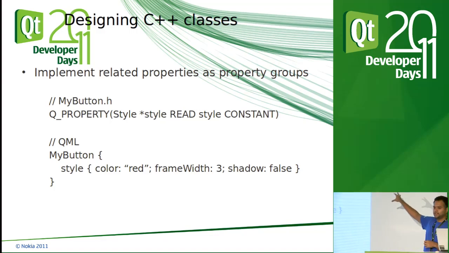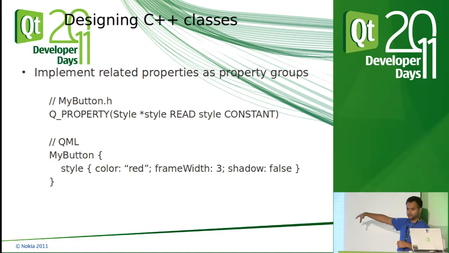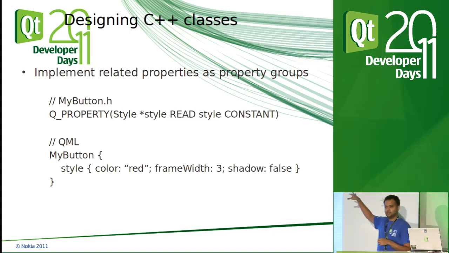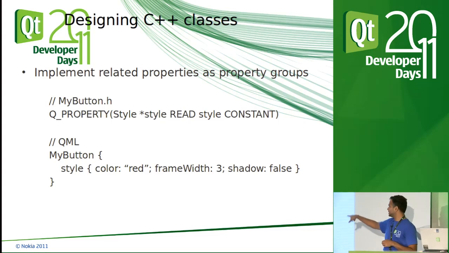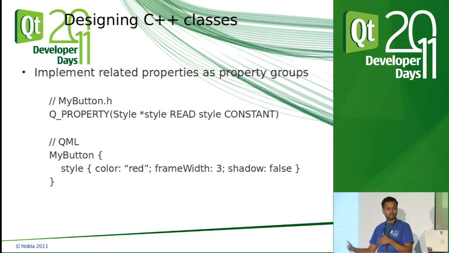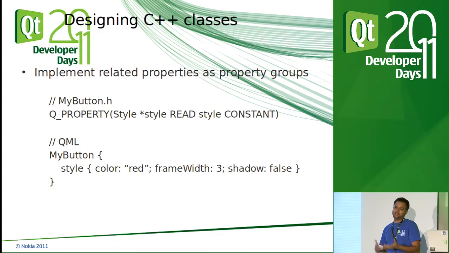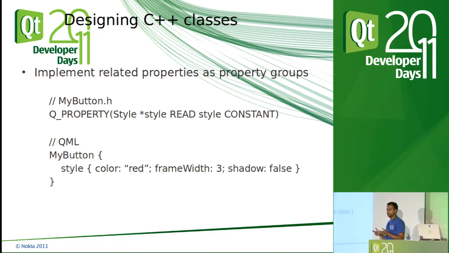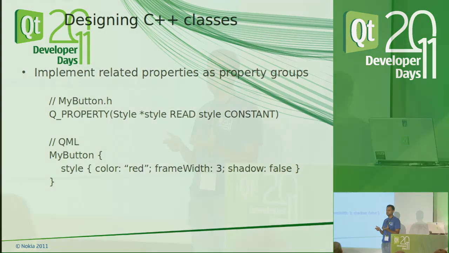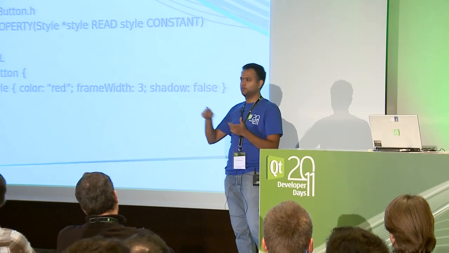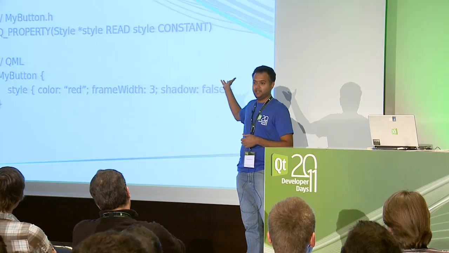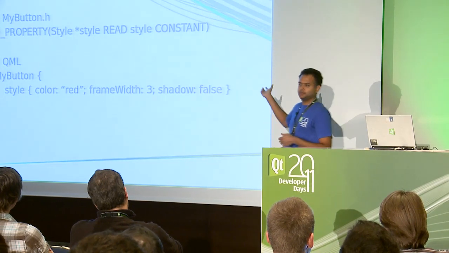What this provides you is a nice little syntax which is specified here. If you didn't create the style class, you would have to write something like style color: red, style frame width: 3. It's just cumbersome to type, and this is nicer and cleaner to read. If you think about the syntax of anchors, where you say anchors.top, anchors.bottom, it's basically a group property.